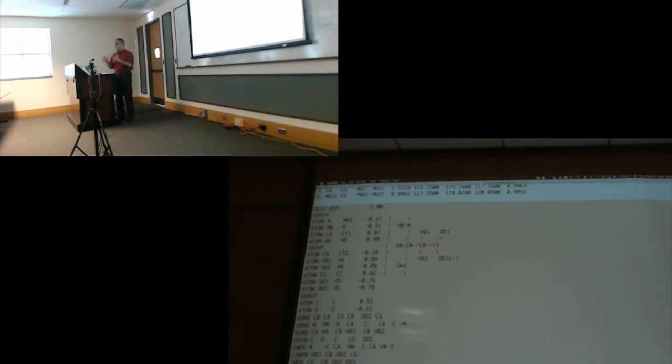At the beginning of your simulation, you have to decide whether you want to use a neutral acid or a deprotonated acid, a charged acid, and that's going to continue to be the case for the rest of your simulation. It's better to make a good decision.